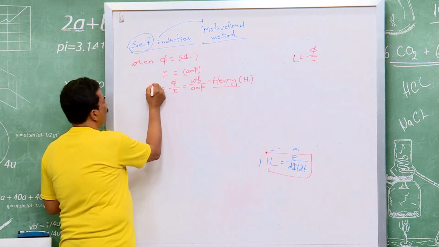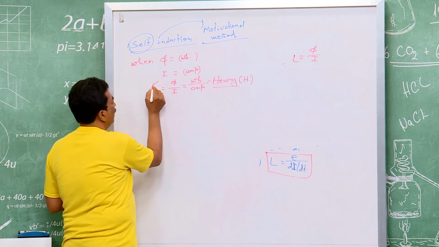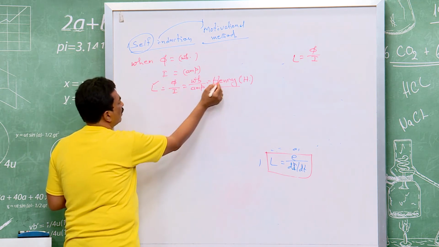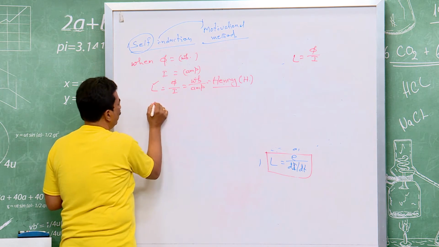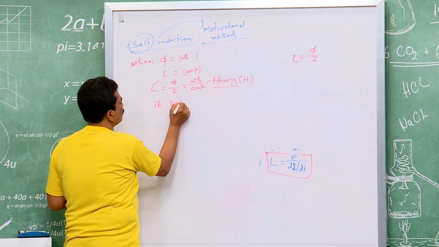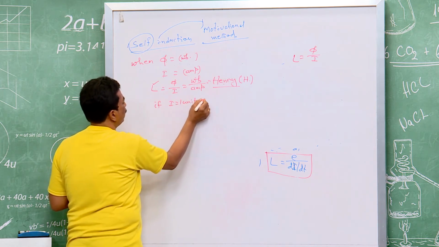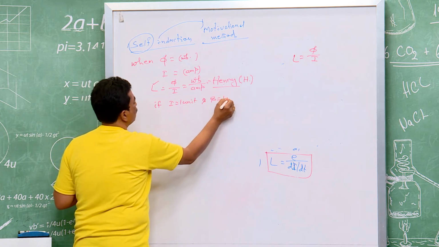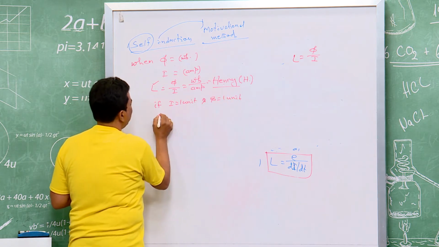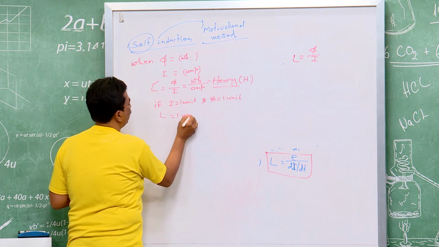So the coefficient of self induction is equal to 1 Henry if I is equal to 1 unit and phi is equal to 1 unit. Then L is equal to 1 unit.